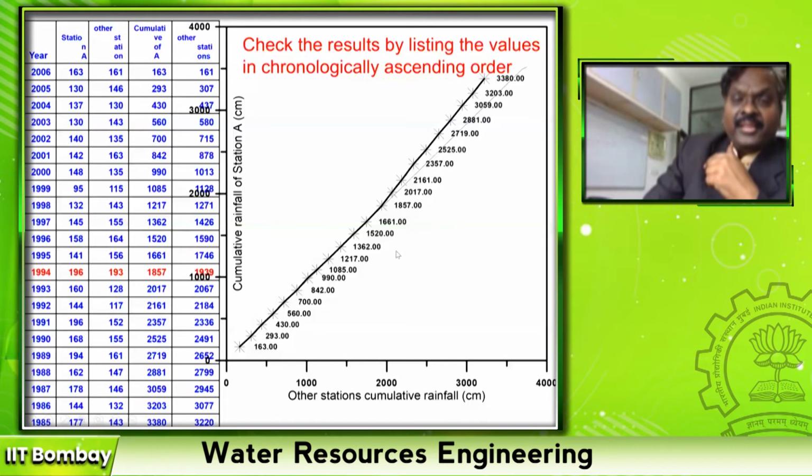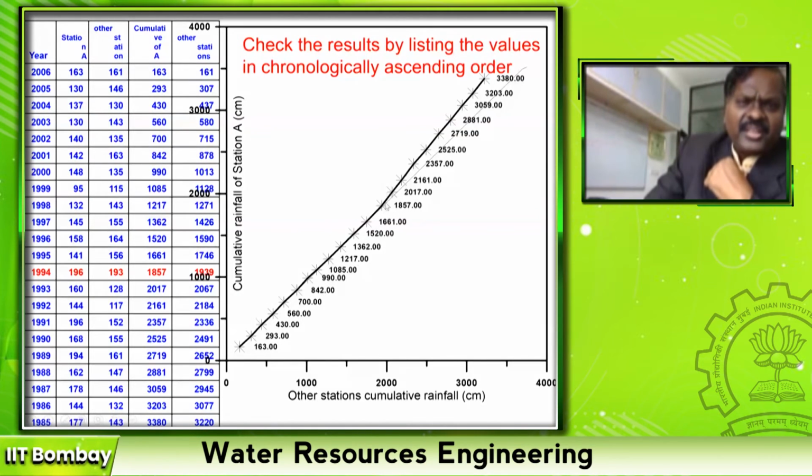If this break is not there, this would be the cumulative rainfall. That means at this particular point there was a change in regime. Each point is 1 year: this is 2006, 2005.